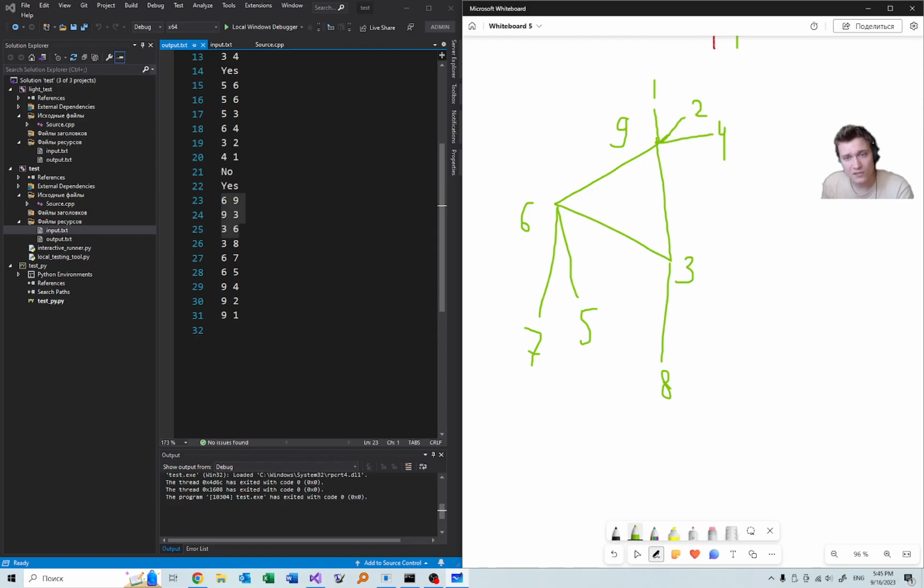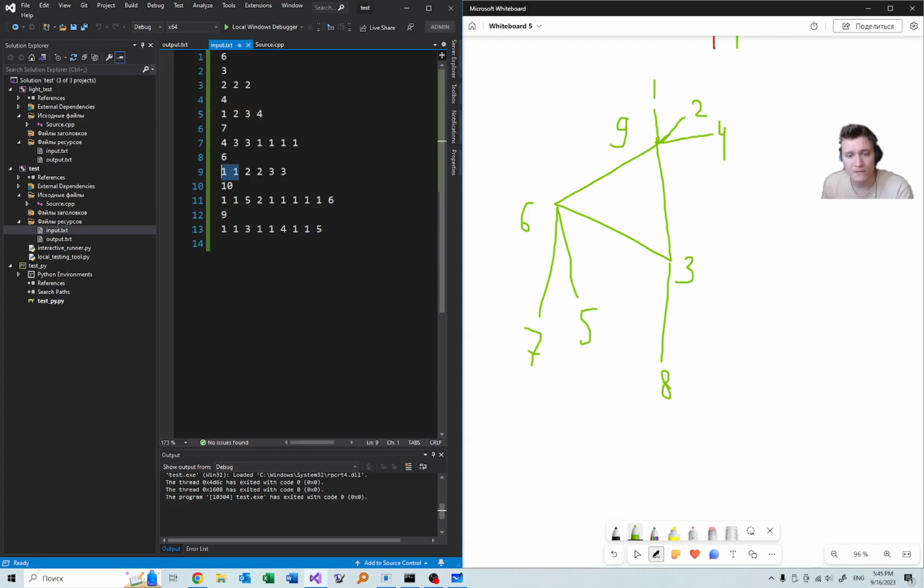First of all, it is obviously a correct answer if the degrees are correct, because it is flower-like. So here we have 1, 1, 3, 1, 1, 4, 1, 1, 5.